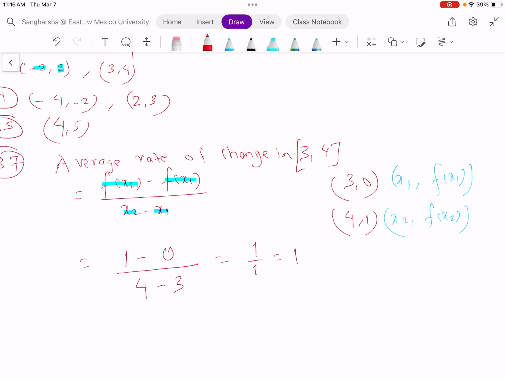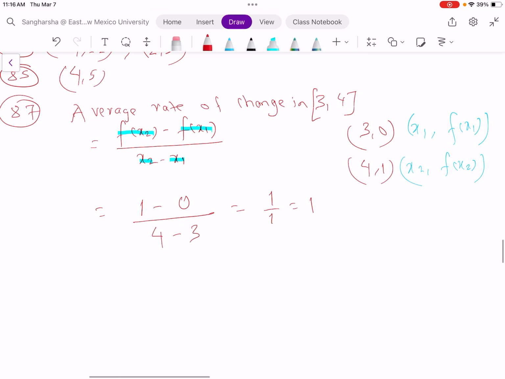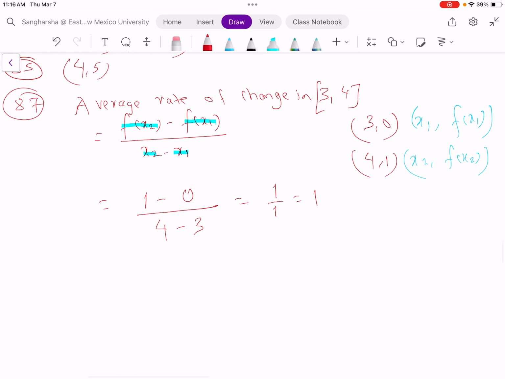You call your first point x1, f of x1, and the second point x2, f of x2, and you substitute here. You are not required to memorize this formula. It will be given on your question paper. Let me know if you have any questions. Now let's go to the next one.